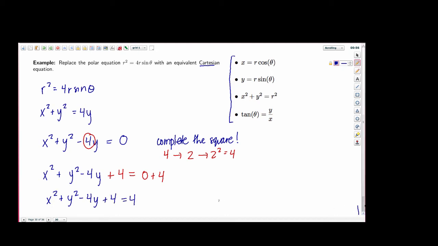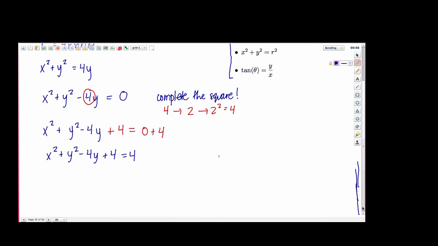And the left-hand side, if you've done the completing the square correctly, will always factor as, since we had a minus in front of the 4, minus, and then whatever number you got before you squared, in this case 2: y minus 2 squared. And just check, y squared minus 4y plus 4, yes, we did do it correctly.